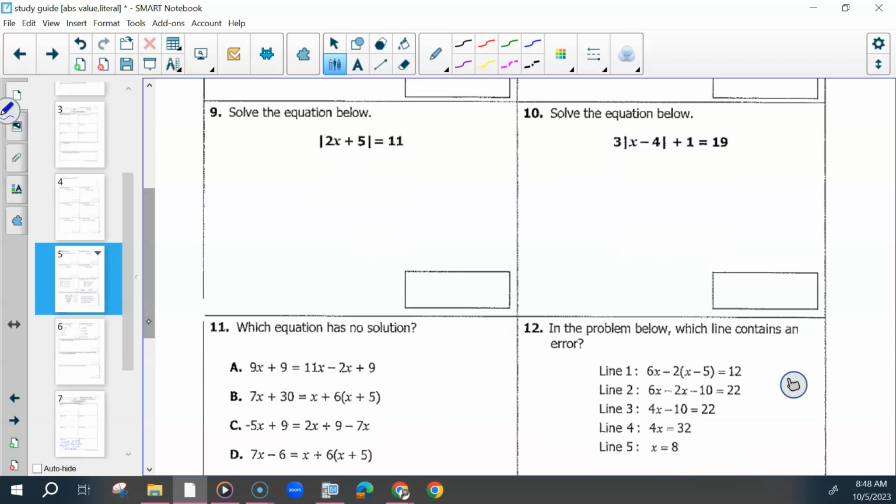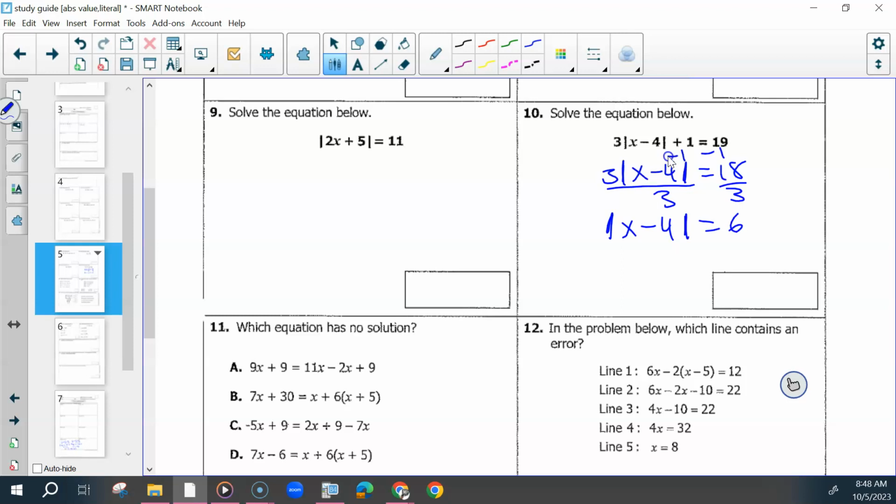Okay, so for this one, if we're isolating, we need to get rid of the 1 first. Then you can get rid of the 3 by dividing to the sides. Make sure you're leaving this in absolute value until it's completely isolated, like so.